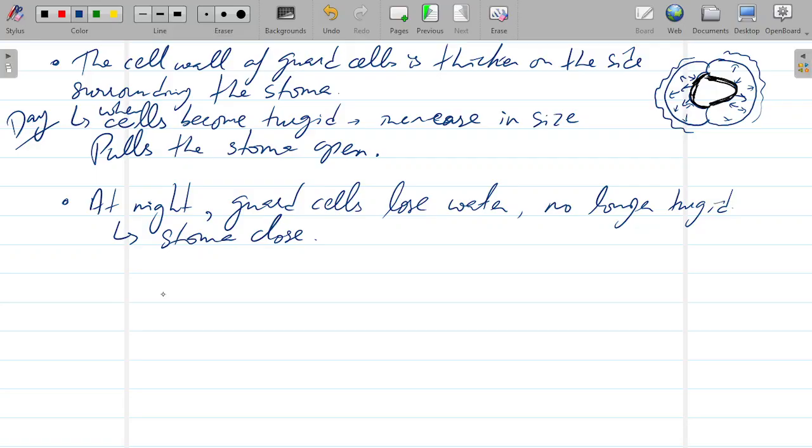So obviously, when the stoma is open, carbon dioxide can easily pass in, but water is also lost by transpiration.